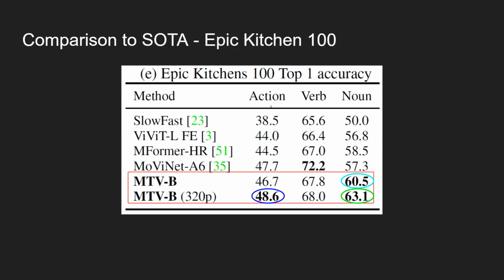And in the action section, the higher resolution model has again achieved state-of-the-art results. But for some reason, MovieNet A6 has achieved much higher results than MTV-B in the verb section.